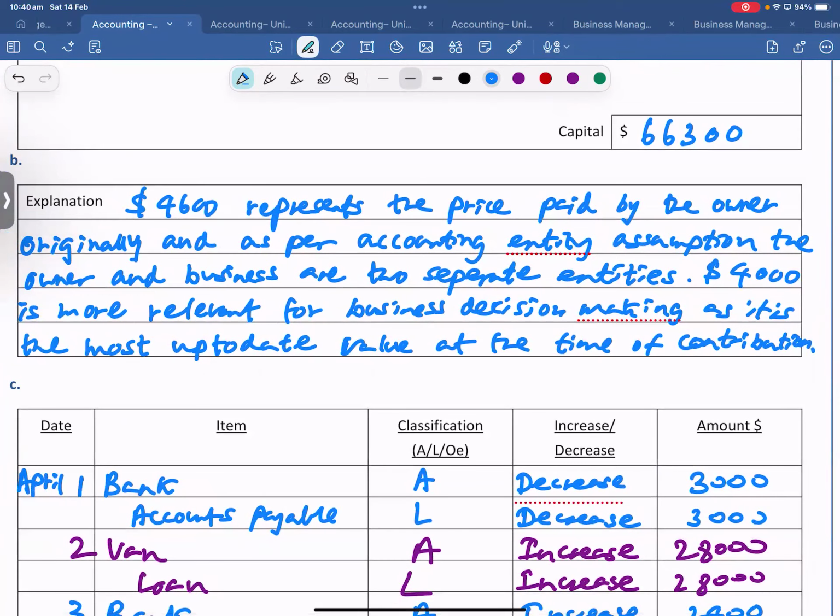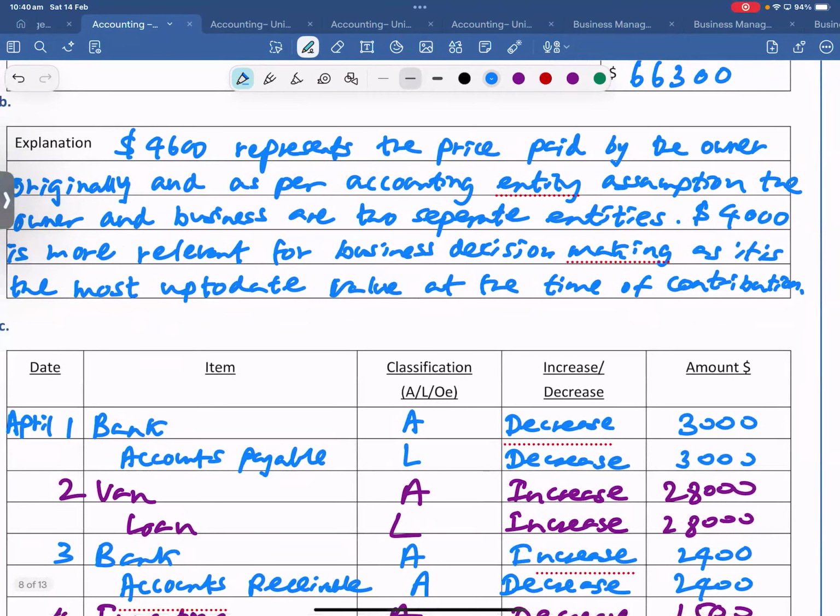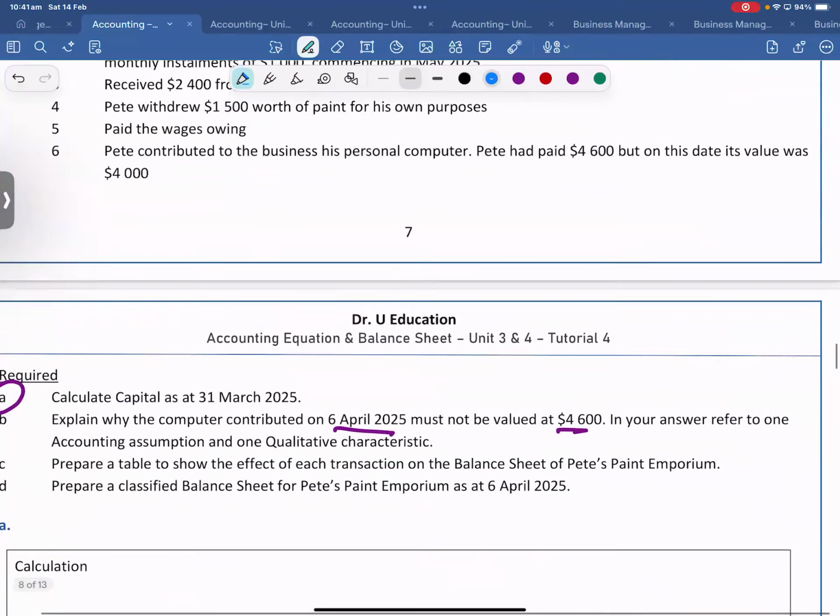And accounts receivable decreases. Yeah, take down. Yep. Good.